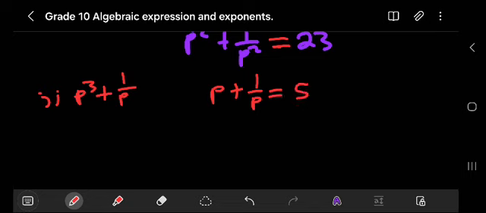We're still under the same question, right? We have to evaluate this, to find the value of that. So you see, there's cubed.